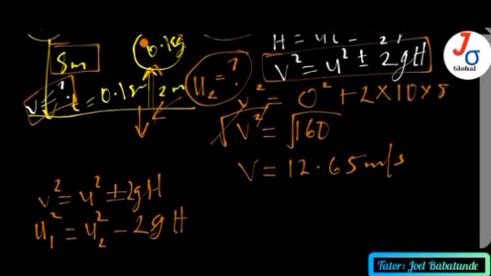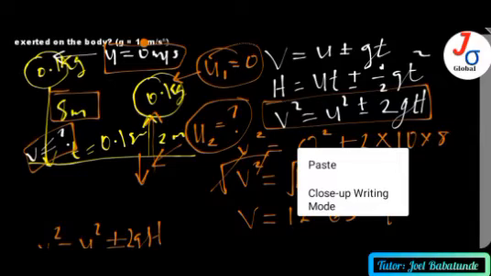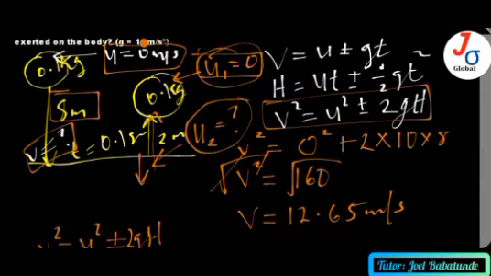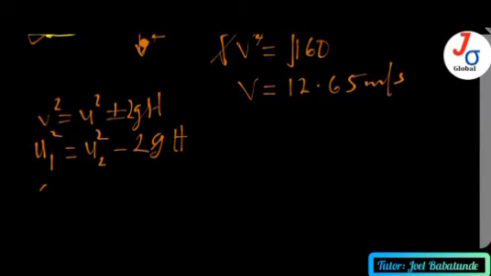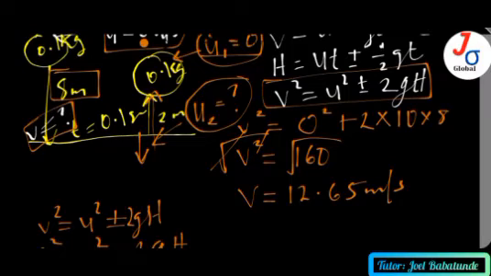So what's our u1? Our u1 is 0, as we have seen here. u1 is 0 squared, and u2 is what we're looking for, u2 squared, minus 2, g is 10, our height is 2 meters. You can see the height, 2 meters.